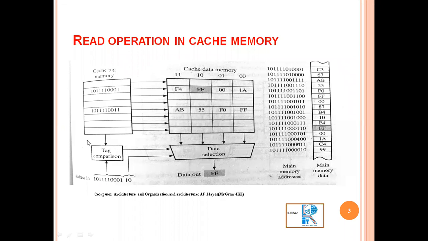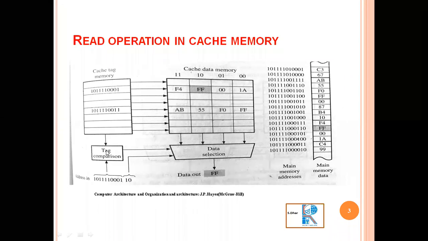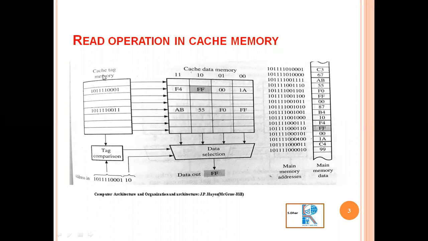How will it find? See here, on the right hand side, these 2 bits are for the word, because each block contains 4 words, so 2 bits are required for generating 4 words. The remaining bits are called the tag bits. There is a particular section in the cache memory called the cache tag memory, where the upper bits are stored.